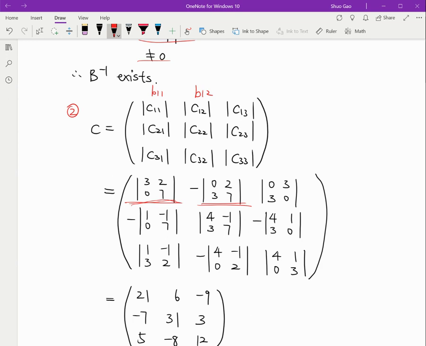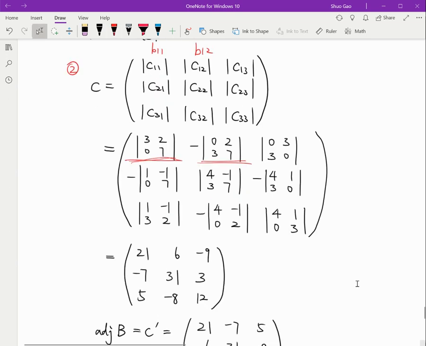So we need to find the 9 of them, and then calculate the determinant of each and find the answer. Right, so for example, the first one is equal to 21 minus 0. Right, so it's 21. The second one should be minus 0 minus 6. Right, so it's 6. The third one, the determinant is 0 minus 9. Right, so it's minus 9.